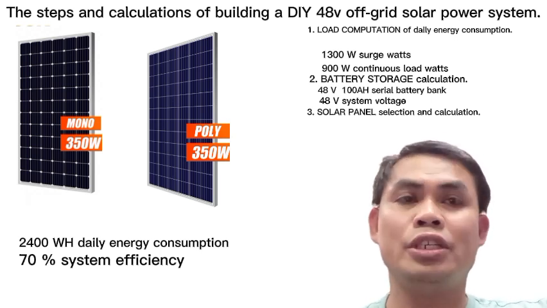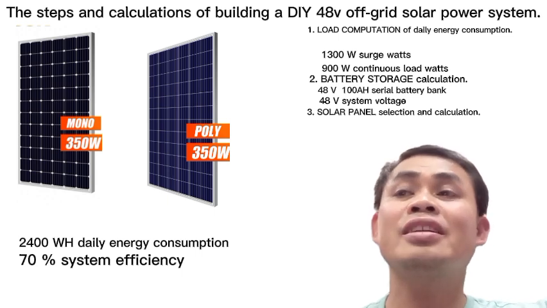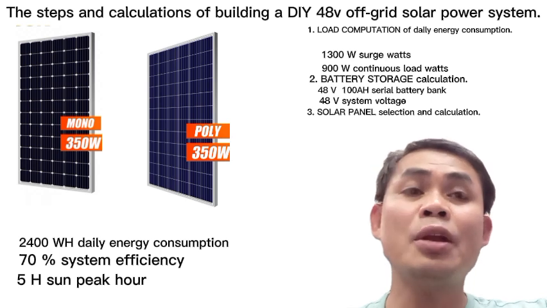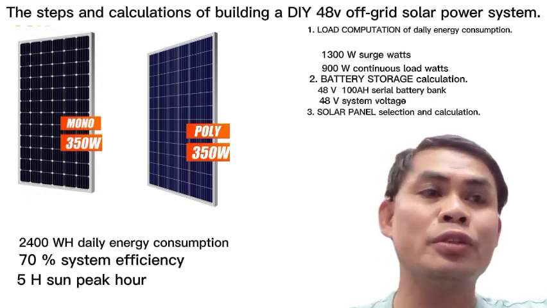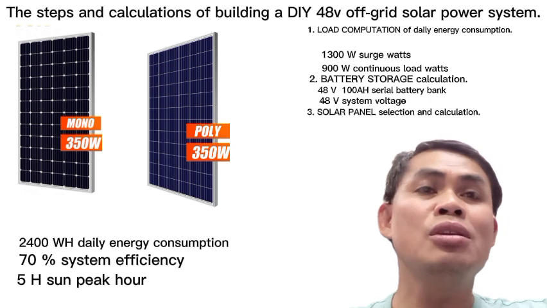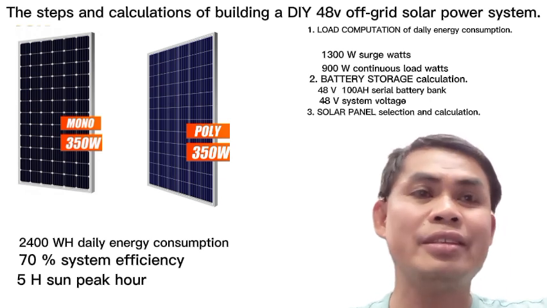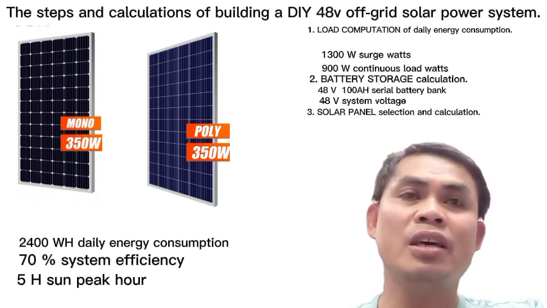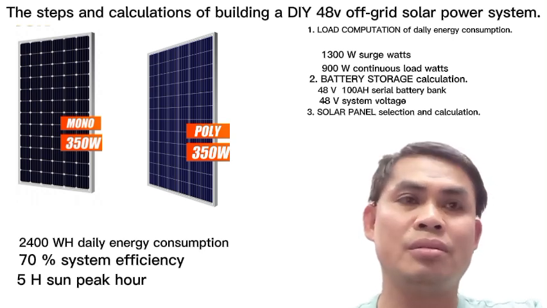In this calculation, we also consider 5 peak sun hours for our solar panel, which depends on where your country is located and how you install your solar panels, on the roof or any other location.